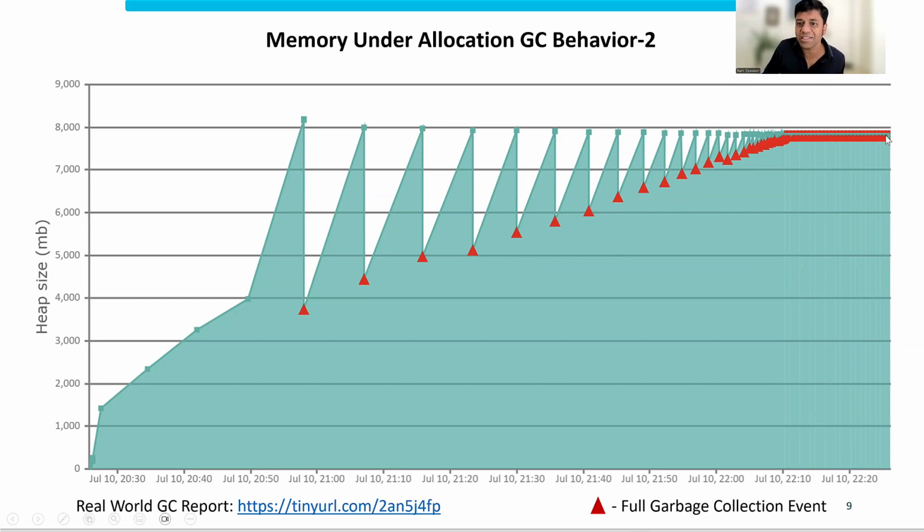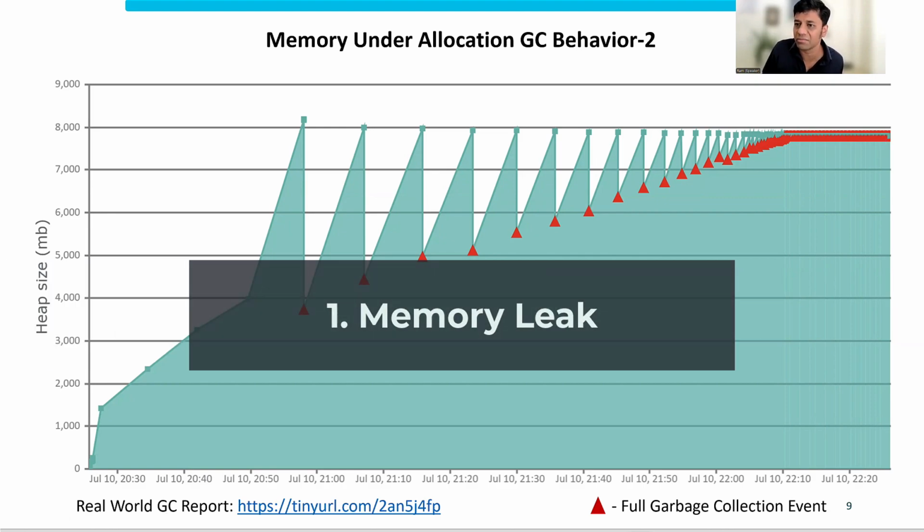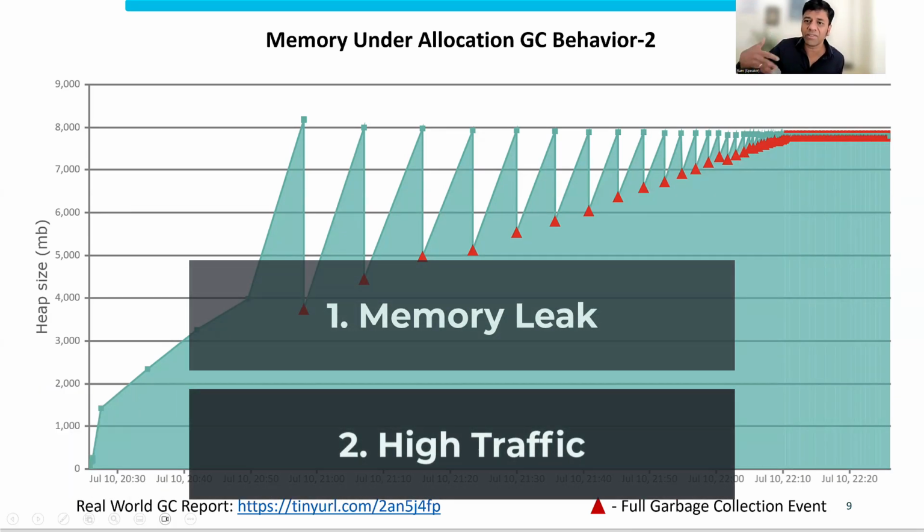So when this happens, there could be two kinds of possibilities. One is that there could be a memory leak, because when a memory leak is happening, this pattern can happen. Or the second possibility is that maybe there is a high influx of traffic coming in, which is creating more objects.